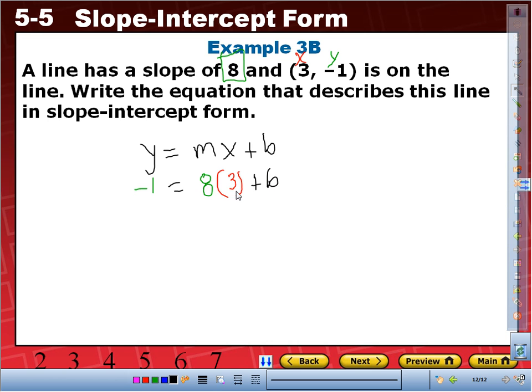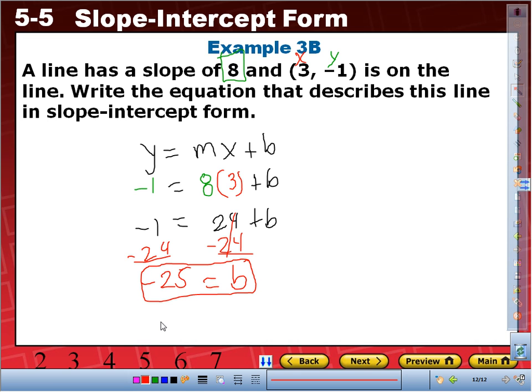So what is 3 times 8? 24. I bring down the negative 1, the equal, the plus b. So to solve for b, what do I do? I get rid of the 24 by subtracting 24. We're left with negative 25 equals b.